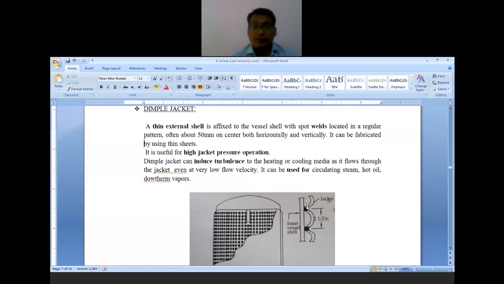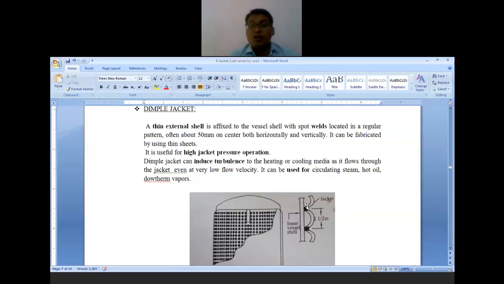These dimples form a regular structure. These are small or thin plates welded regularly to the main shell. So it is used for high jacket pressure operations.